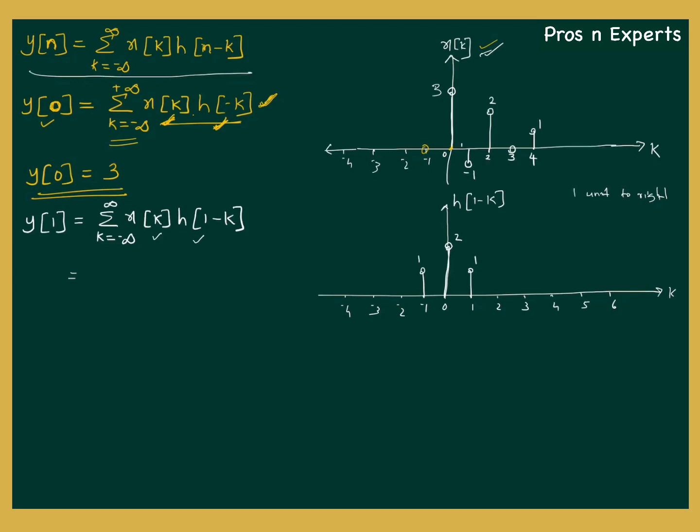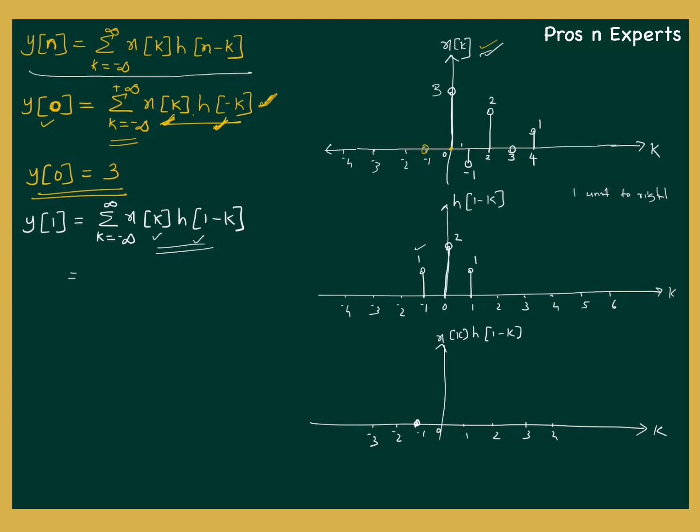Now it is very simple to multiply x of k into h of 1 minus k. I'm going to draw the signal x of k into h of 1 minus k. Again, what we have to do is sample wise multiplication. So what you will get is amplitude 1 multiplied by amplitude 0 will give you 0 at k equal to minus 1.